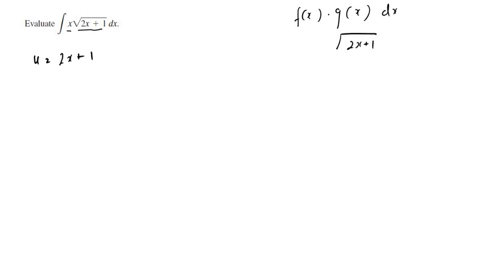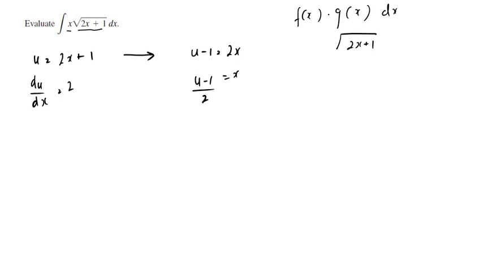If you do that, we know we differentiate it, du over dx is equal to 2. So we have the 2 here. Next, we still do not have a way to get rid of x, but we can use this function to derive what x is. So u minus 1 is equal to 2x, and x would be equal to u minus 1 over 2.